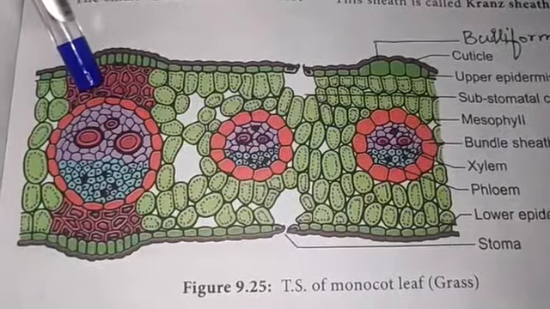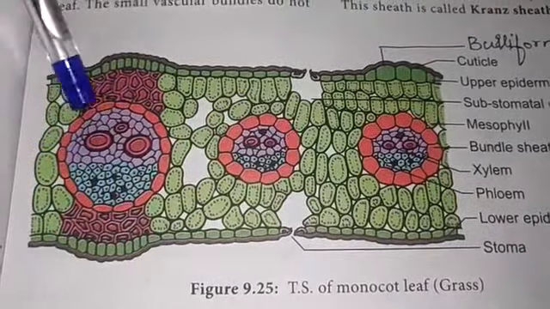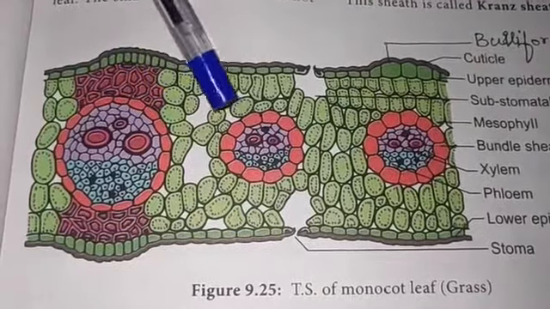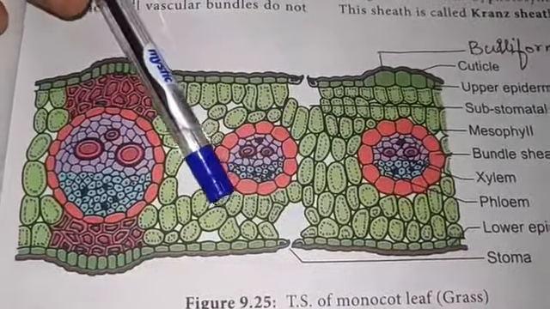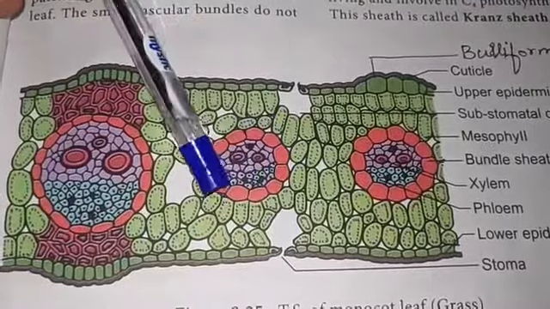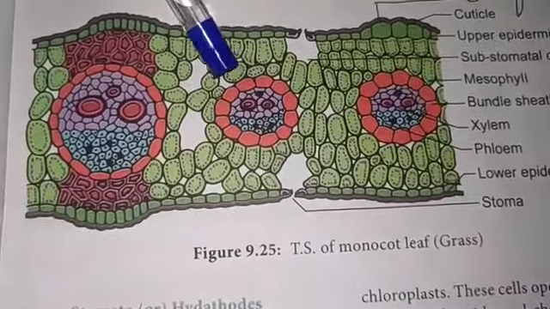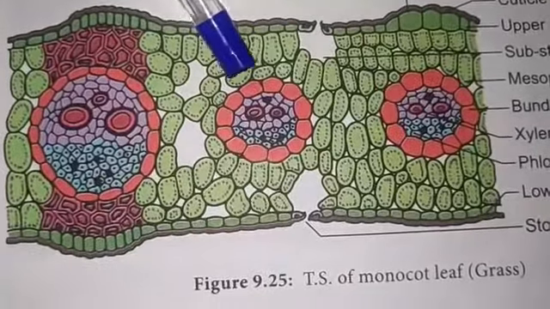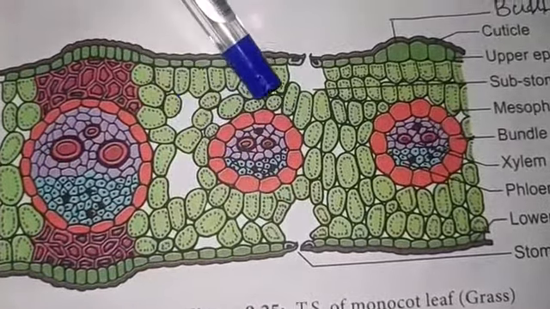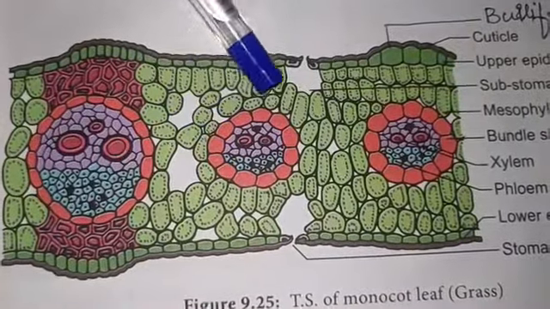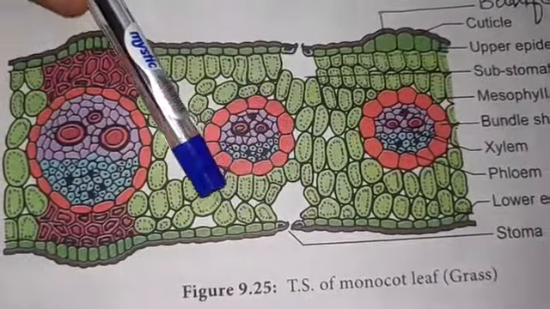This bundle sheath is called a Kranz sheath. What is meant by Kranz sheath? If the bundle sheath in the C4 plants is living, it is involved in the photosynthesis process. It is called a Kranz sheath, which is present in the monocot leaves.